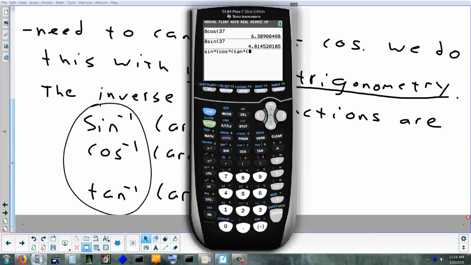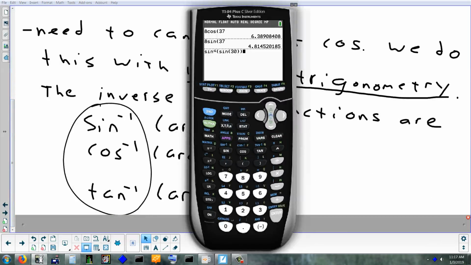Okay, so let me just show you an example of something with inverse. Let's do the inverse sine of the sine of 30 degrees. When I hit enter, what do you think I'm going to get? Yeah, 30.